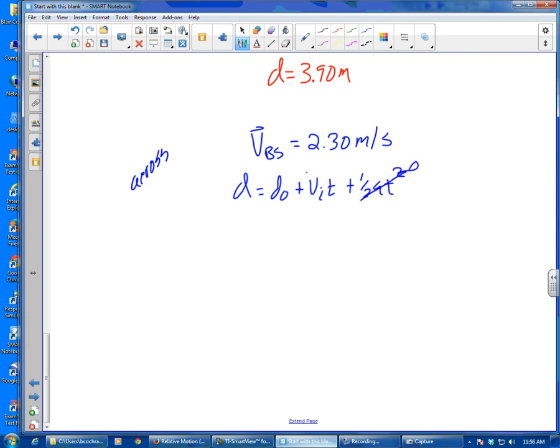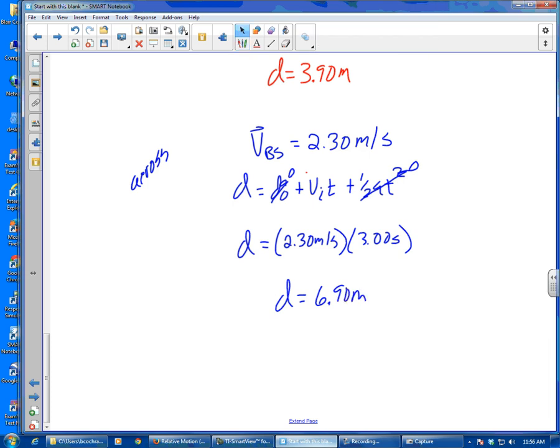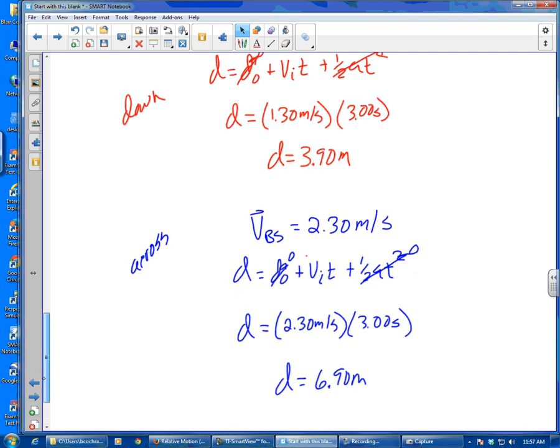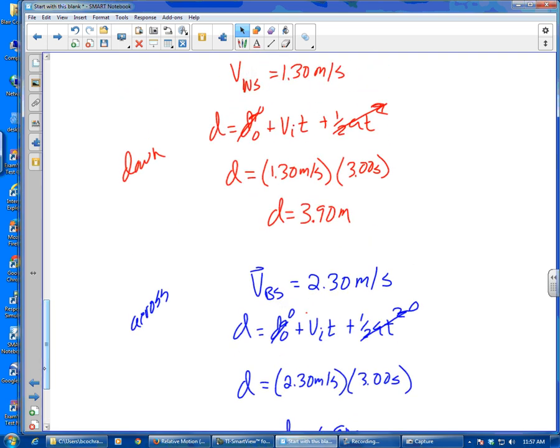No acceleration. Start at 0. D equals 2.30 meters per second for 3.00 seconds. My D is 6.90 meters. I think those would be right. Is that far enough?